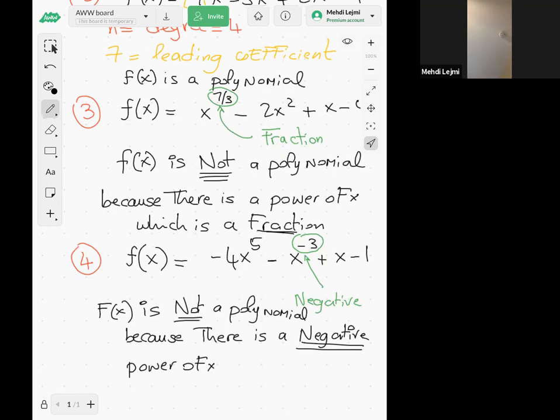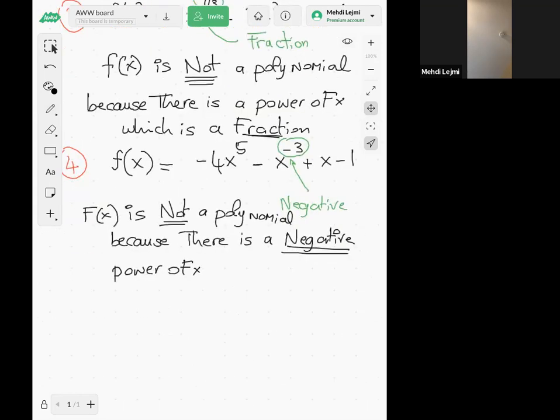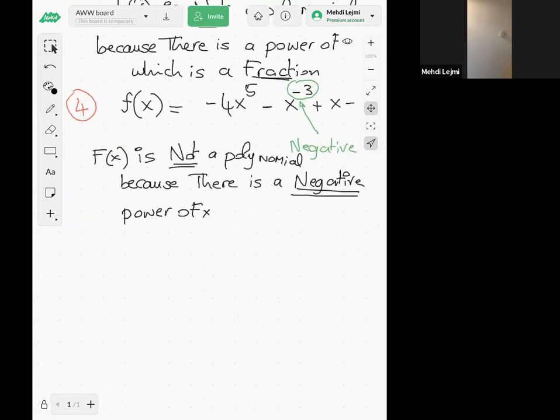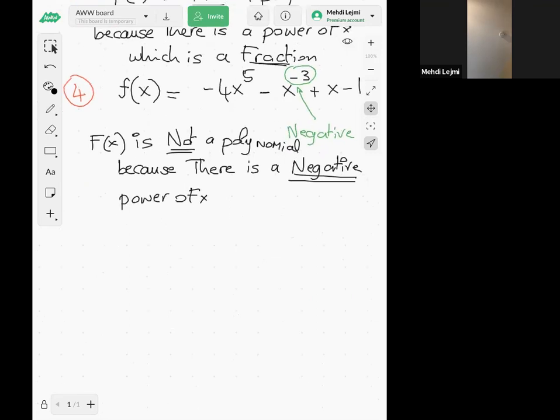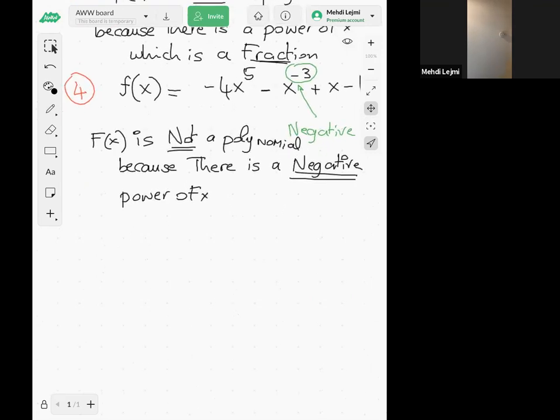So here's a small, easy exercise. You have to determine whether the function f is a polynomial, and you have to find the degree and the leading coefficient. So you have to determine whether f of x is a polynomial or not.